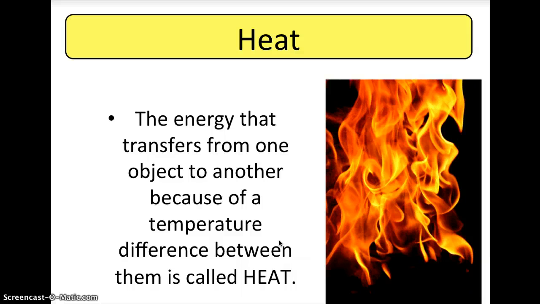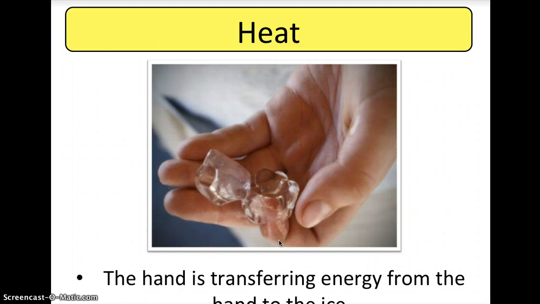And why is it moving from one object to another? It's because of the kinetic energy that those particles have in that object, the collisions that they undergo. Okay, so you can think about the hand here transferring energy from the hand to the ice, your hand being the warmer body, and the ice being the colder body.